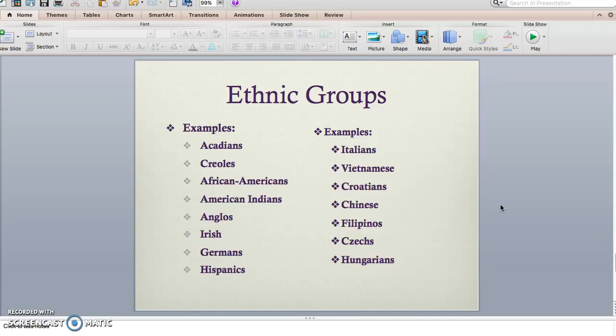You have Croatians who primarily live in like Plaquemines Parish, and they do oyster farming and things like that. You have Chinese immigrants coming in recently, Filipinos who also live in Plaquemines Parish. You have Czechs, Hungarians, etc. So we'll talk a lot about these in class, and you'll be researching these different ethnic groups.